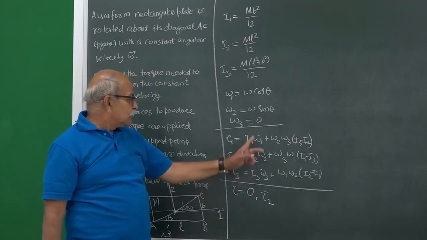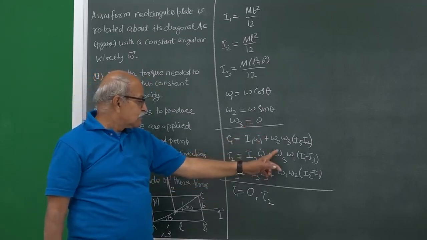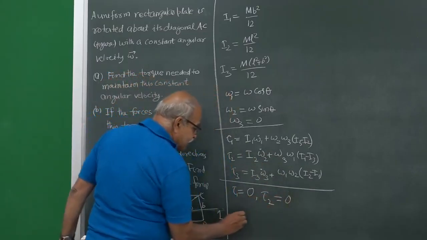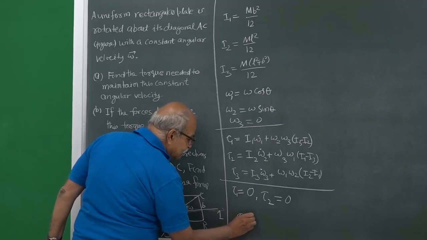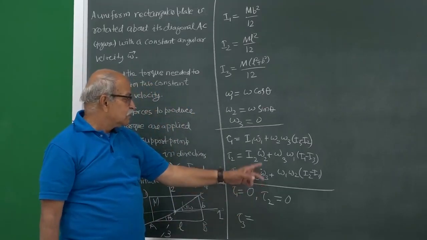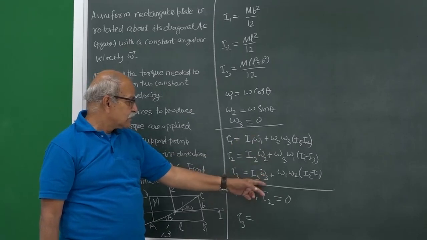Tau 2 is anyway 0, because omega 3 is 0. So tau 2 is also 0, and we are only left with tau 3. Omega 3 is constant, so omega 3 dot is 0.